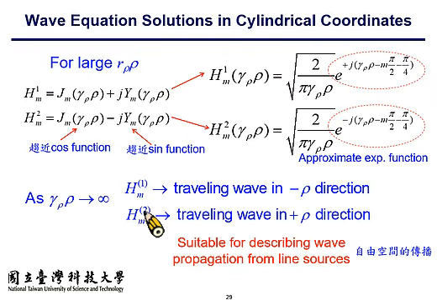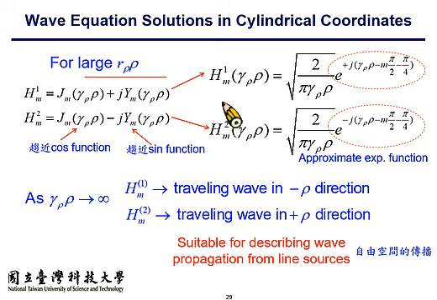So here's the definition of the composition of a Hankel function of the nth order. We know that the Bessel function of the first kind approaches the cosine function, and the Bessel function of the second kind approaches the sine function. So we use the large-argument approximation for the Bessel functions of the first kind and second kind. They can be composed to have this.